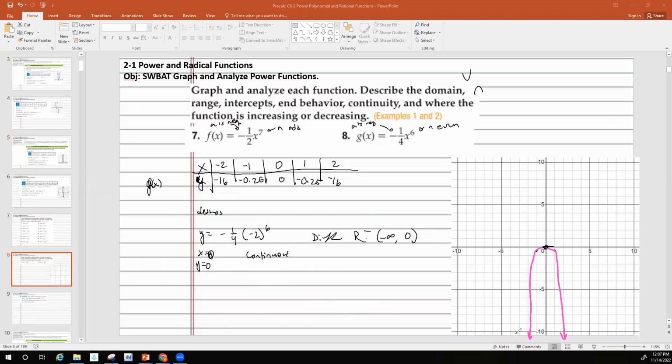And here, as you go for the increasing and decreasing, as you start from the left and go to the right, notice that you're going up, so increasing from negative infinity, from the very farthest left, and it stops at 0. And then it goes back down. Think of a roller coaster.